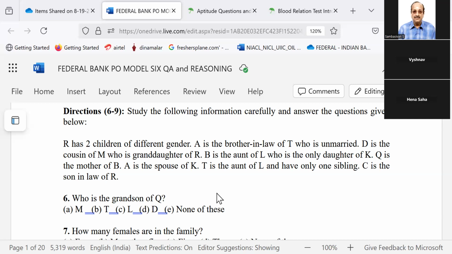First line, it will be son or daughter of R. And in the other line, it will be our M. Okay. M is male or female? Granddaughter, female. Female, correct. Then?